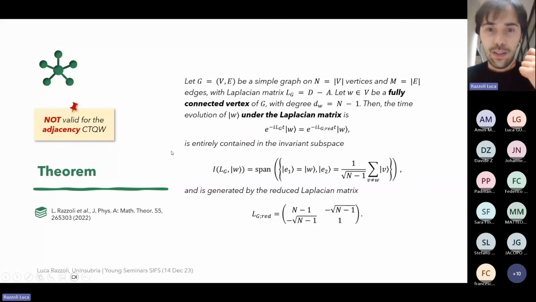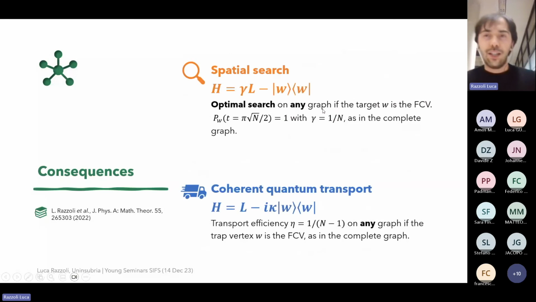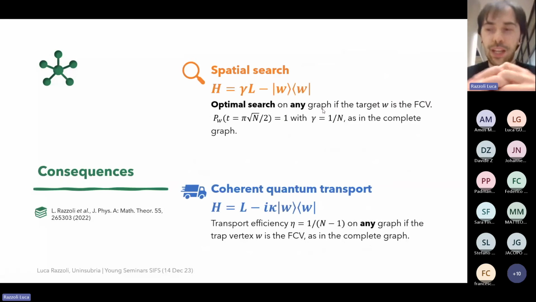Then this result, this universality, generalizes also to Grover-like continuous time quantum walk. Grover because in the Hamiltonian we include an oracle Hamiltonian, so a projector onto the fully connected vertex. And as a result, this means that we can generalize to many other graphs all the results that we already know for the complete graph.